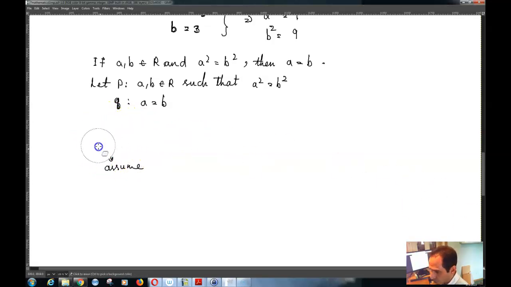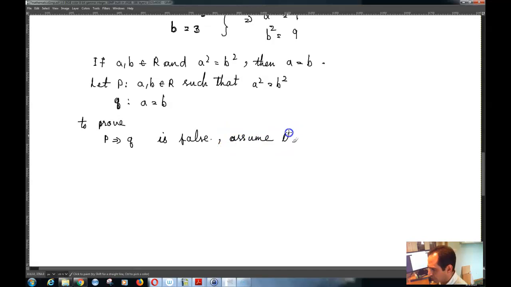Now, to prove that P then Q is false, I can make the same assumption that P is true, and then prove that Q is false.